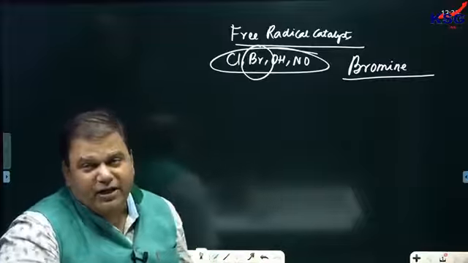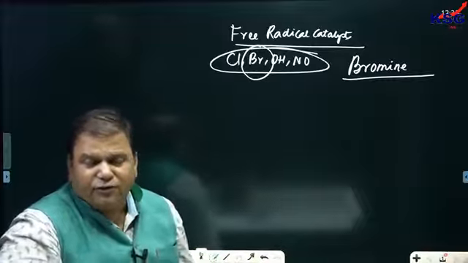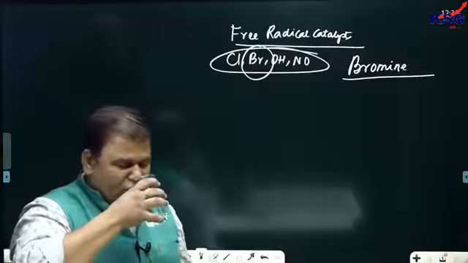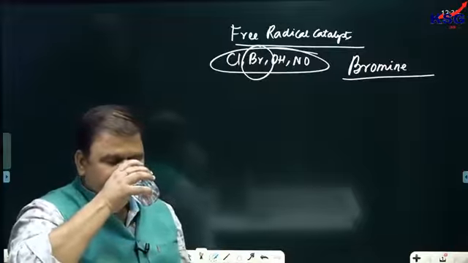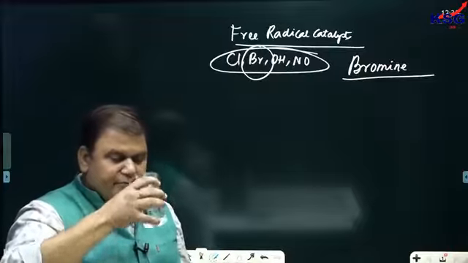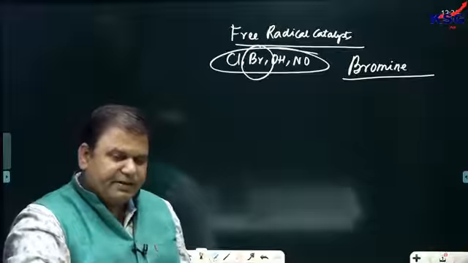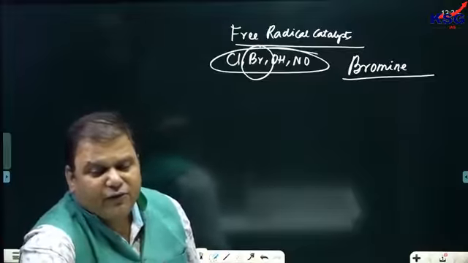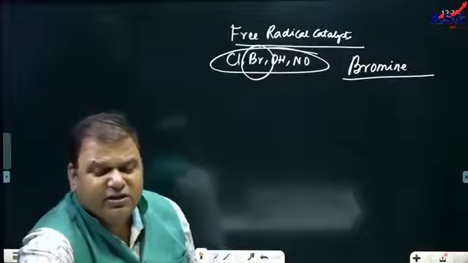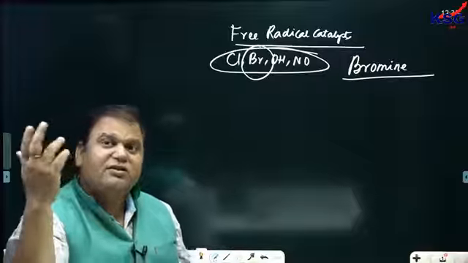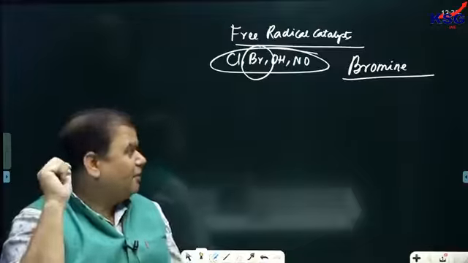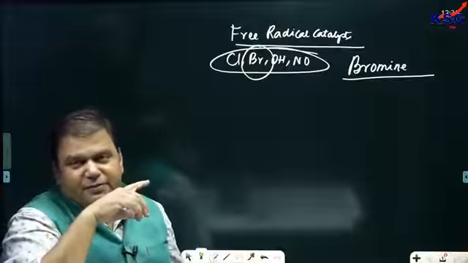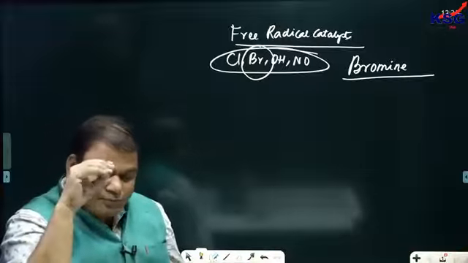That's why it is called a fire retardant and not a fire extinguisher. A fire extinguisher is compressed CO2, but a fire retardant is brominated fire retardant.